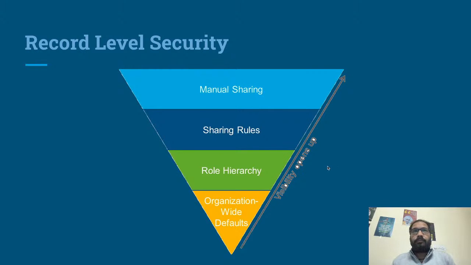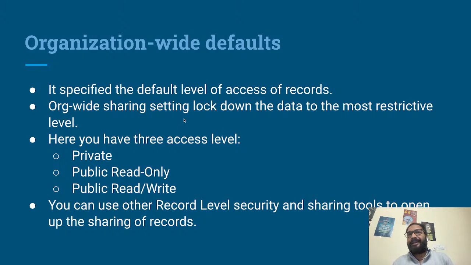Now, if I move forward, first let's understand what OWD is. Then I will be restricting record access, and then I will show you how we can open up. Basically, OWD, organization wide defaults, specifies the default level of access to records. Org-wide sharing settings lock down the data to the most restrictive level.